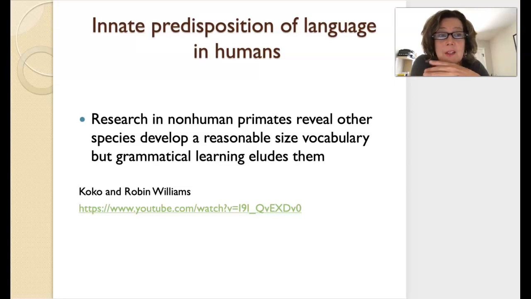For this particular case, I want you to think about primates who can communicate using some vocabulary, but then they cannot manipulate the language and change the language like we in the human species do. So again, watch this Coco and Robin Williams.